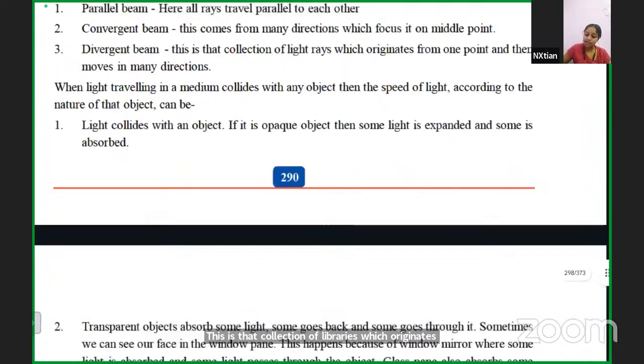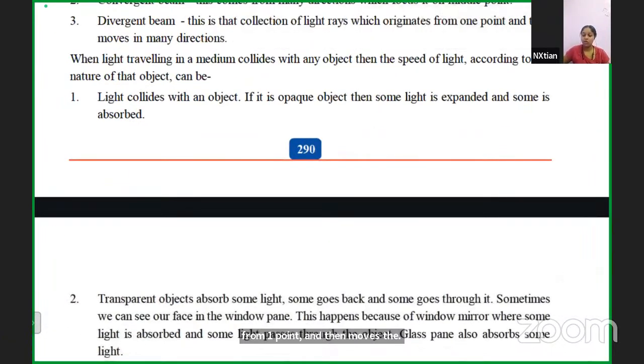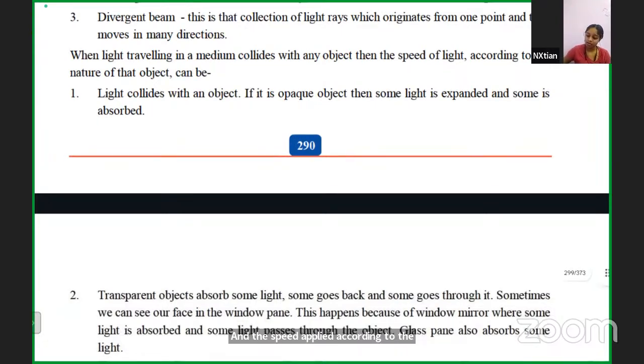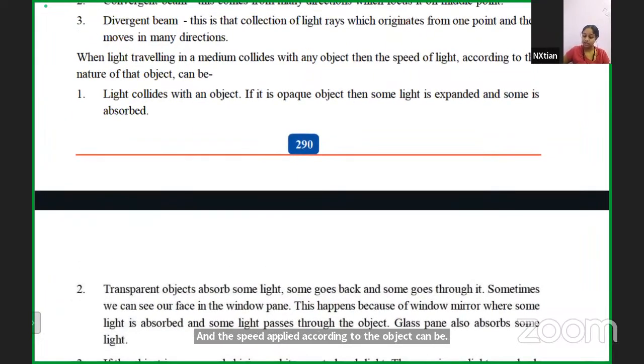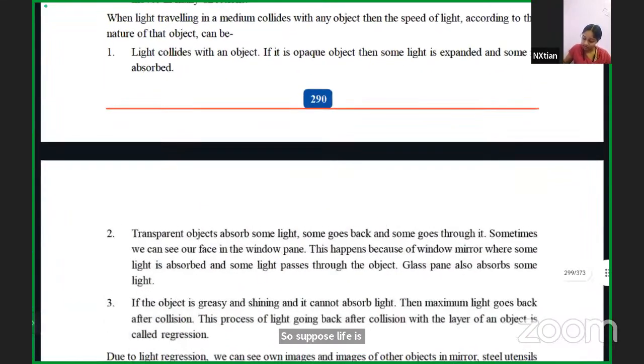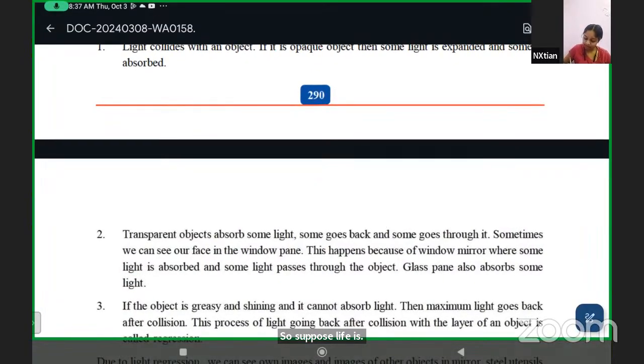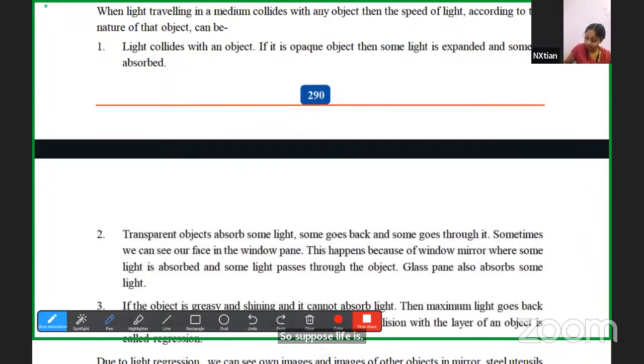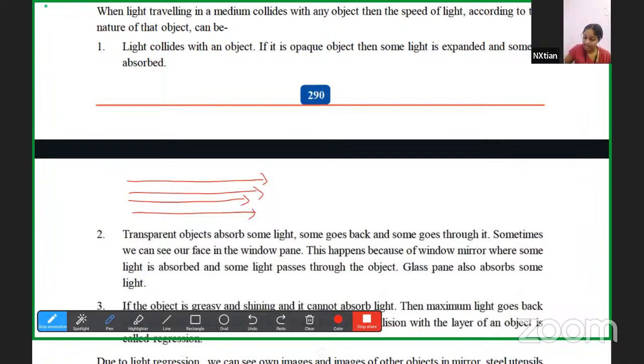When light traveling in a medium collides with any object, then according to the nature of the object, suppose light is traveling and it collides with an object.